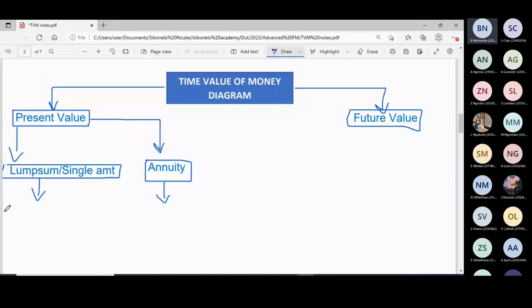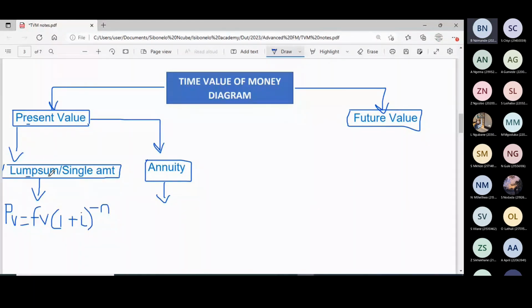To calculate the present value of a lump sum, we use the formula PV, where PV stands for present value, equals FV, where FV stands for future value, times (1 plus i), where i represents the interest rate, to the exponent negative n. This formula is used to calculate the present value of a lump sum, a single amount, or a once-off investment or payment.